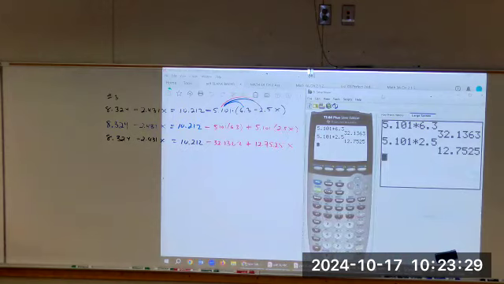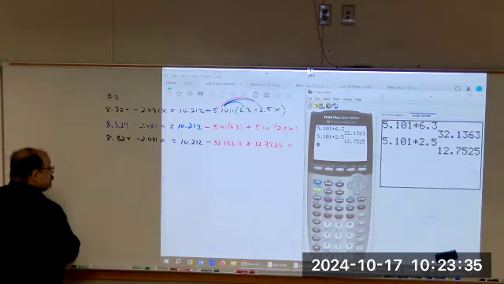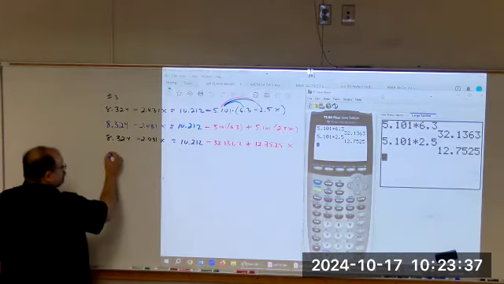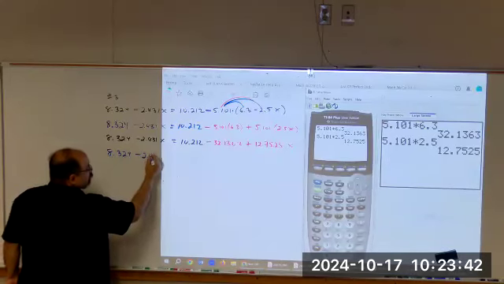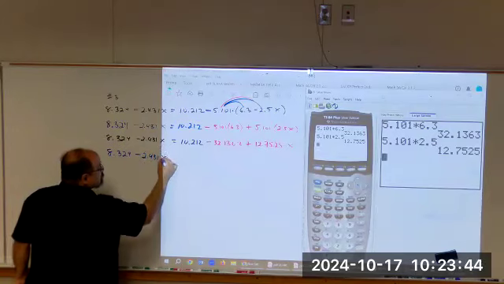And then don't jump the gun. Step 1 is simplify both sides completely. The left is still simplified. You can't do anything here: 8.324 minus 2.431x.